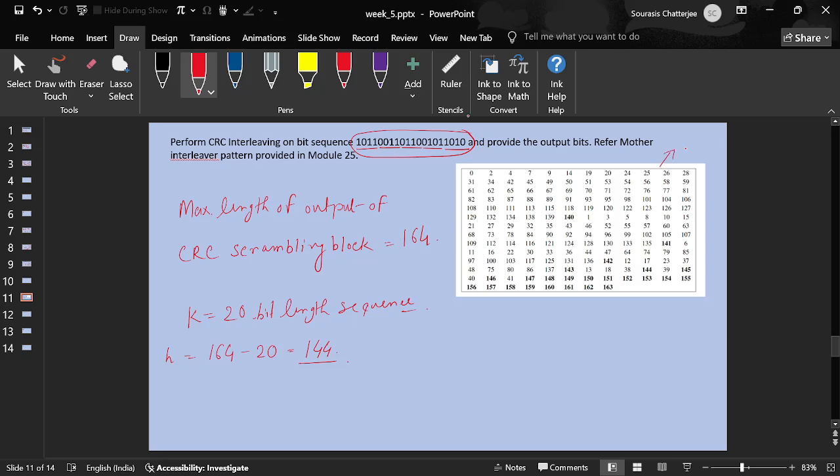If I call the mother pattern pi here, you are asking me to do pi minus that value and pick only the positive indices. You'll get exactly 20 values in this array, the bigger indices, greater than 144, in the same order. Okay.